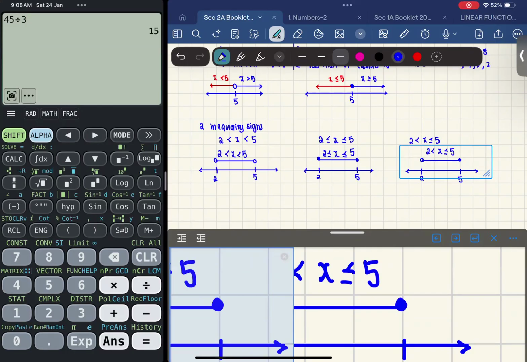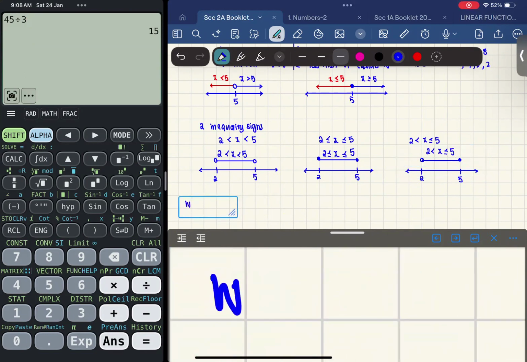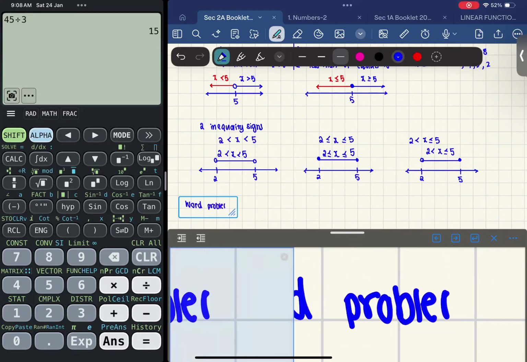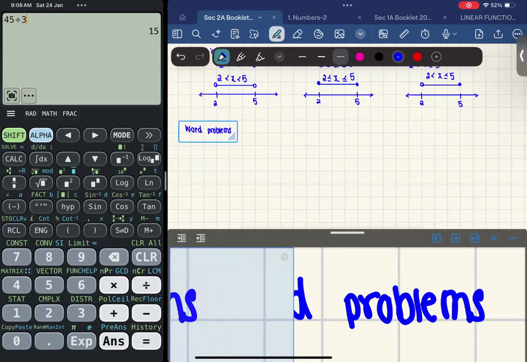Is that okay? After we learn how to draw, we then learn how to solve word problems, correct? There are a few types of word problems.